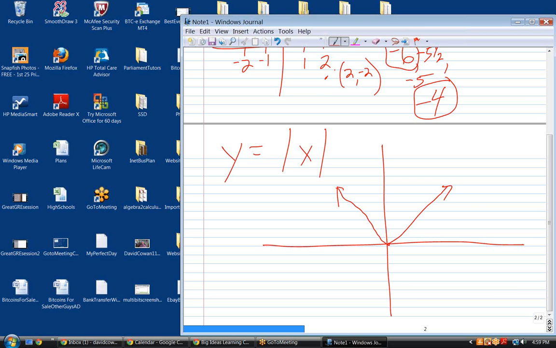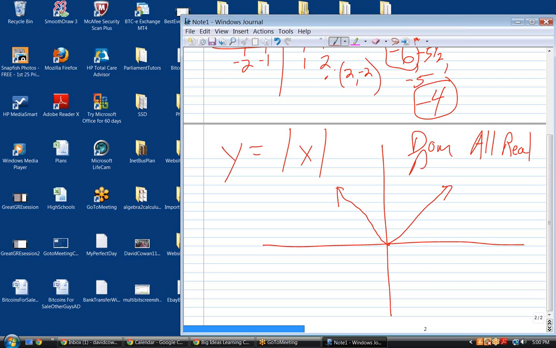What's the domain of this function? Read it from the graph. Yeah, all reals, right? In other words, x can be anything. There's nothing that x can't be. X can be 0, it can be 1, 2, it can be 100 million, it can be minus 100 million.